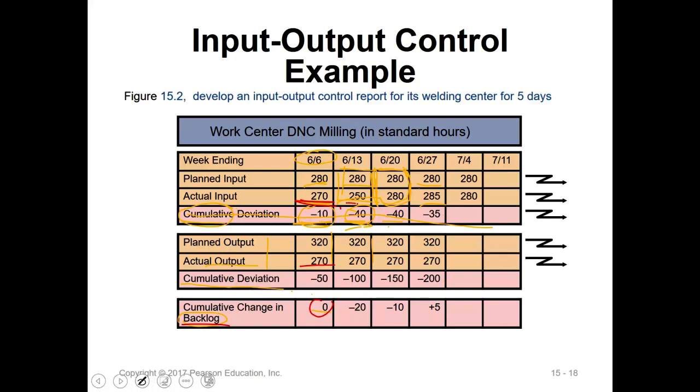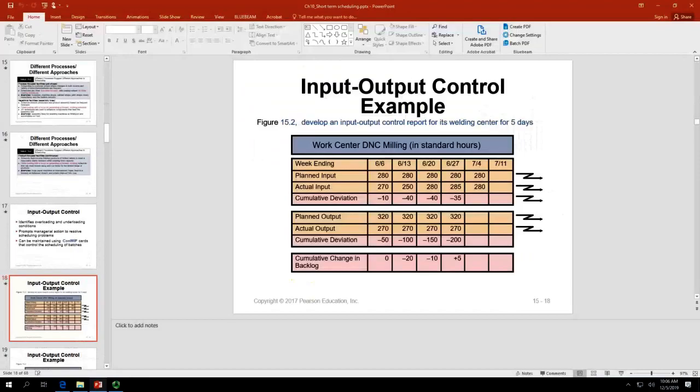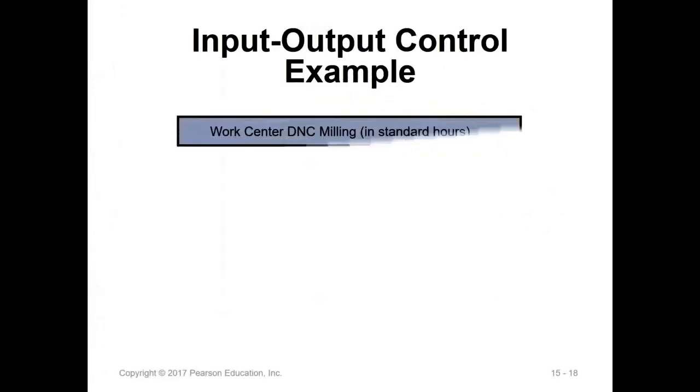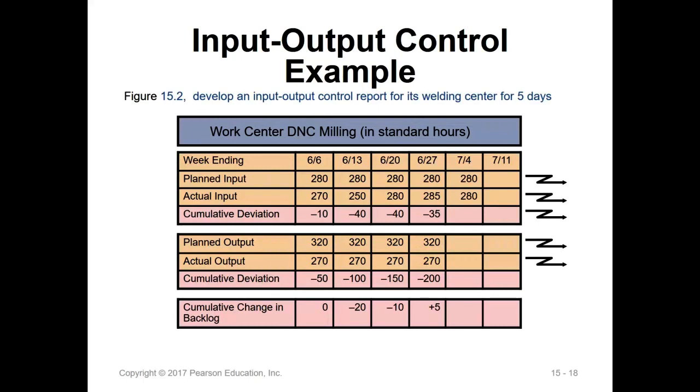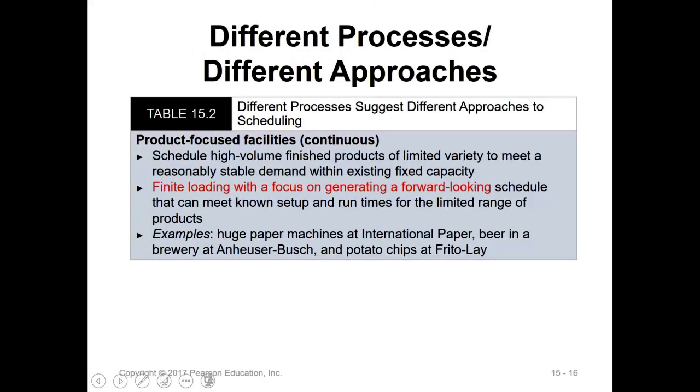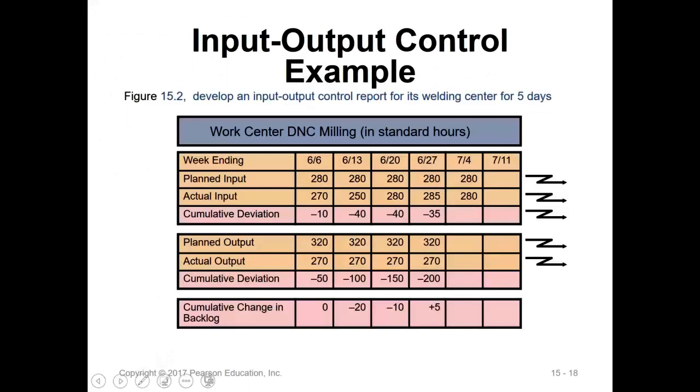But in the second week, input is 250, and here the output is 270.